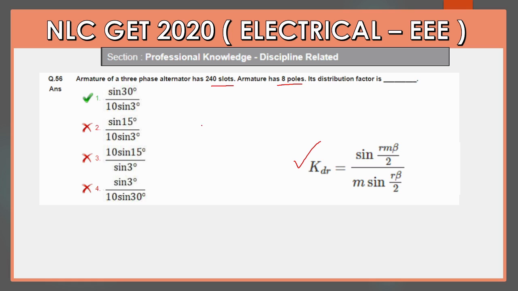So if you calculate slot per pole per phase, this will be the answer, sin 30 by 10 sin 3 degree, where beta by 2 you will get as 3 and m is 10.